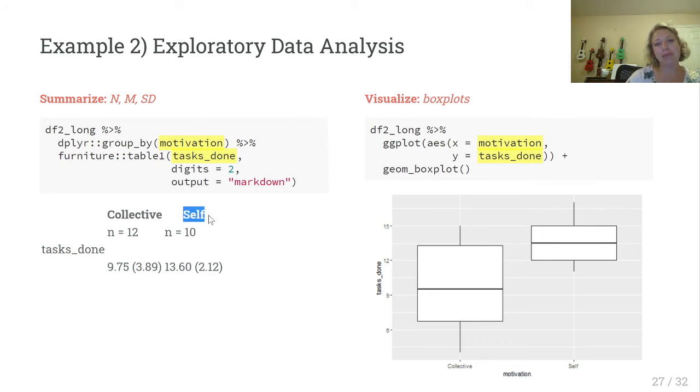That's because by default, the groups, collective and self, are alphabetized. C for collective comes before S for self in the alphabet. So collective has a smaller average than self. If we subtract in alphabetical order, 9.75 minus 13.6, we come up with a negative difference.